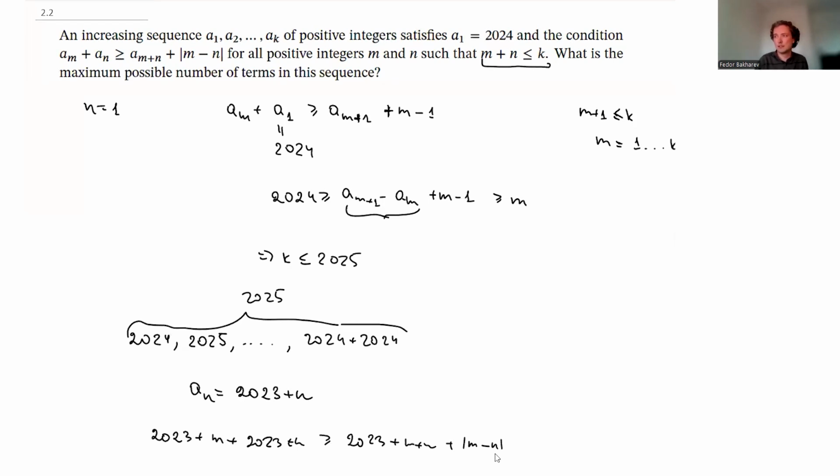And yes, since we know that m is not too big, we could see that this inequality is true for all m's and n's in the range which we expect. So this is the basic idea of this problem.